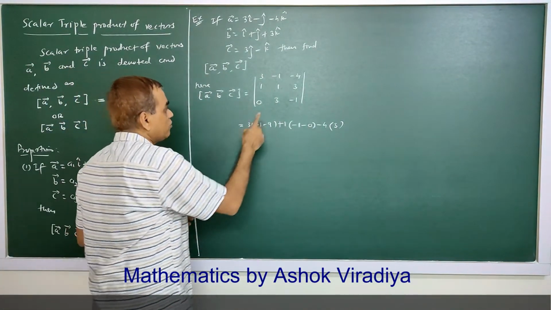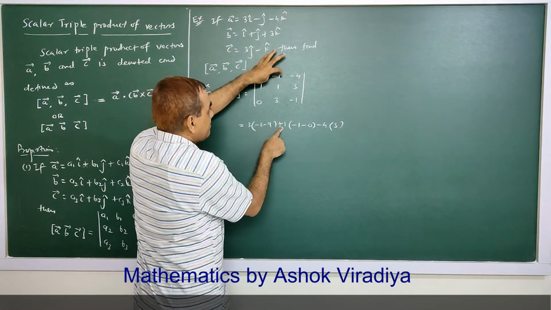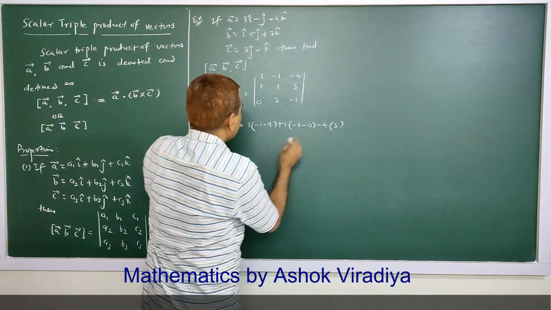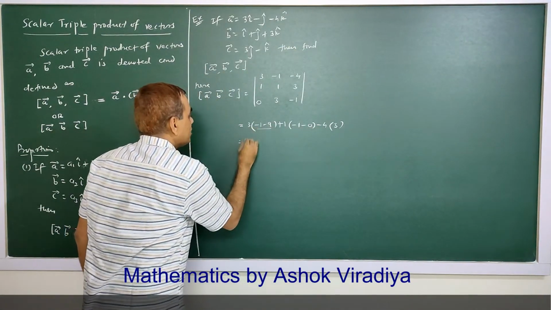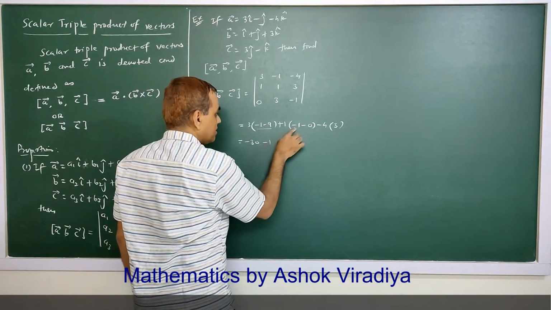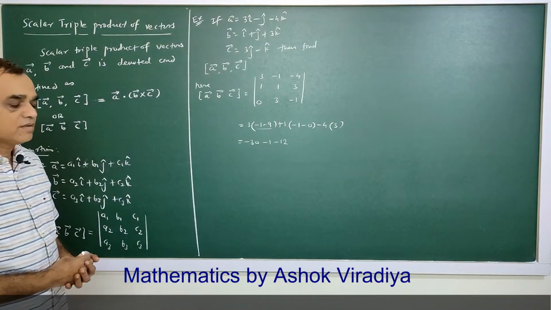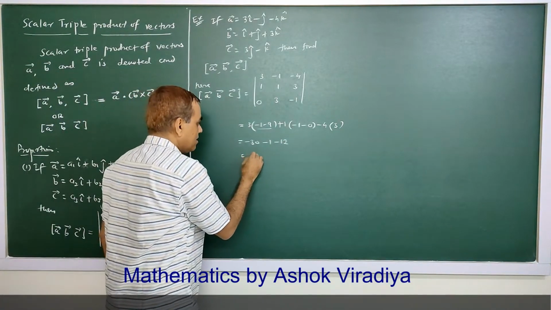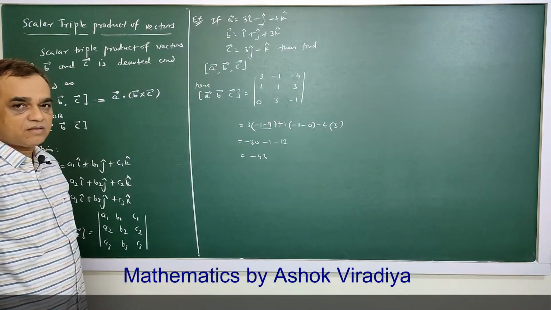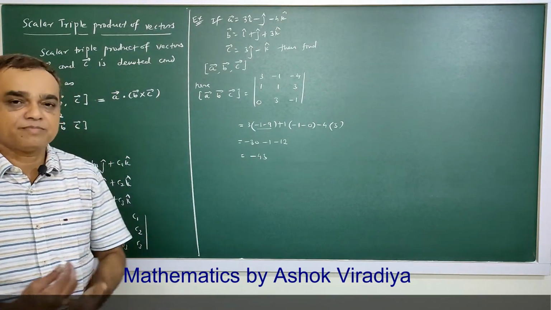So once again we check, 3 into minus 1 minus 9 plus 1 into minus 1 minus 0 minus 4 into 3. So this is minus 10 into 3, minus 30, minus 1, minus 12. So this is minus 43. So this can be a positive number, it can also be a negative number.